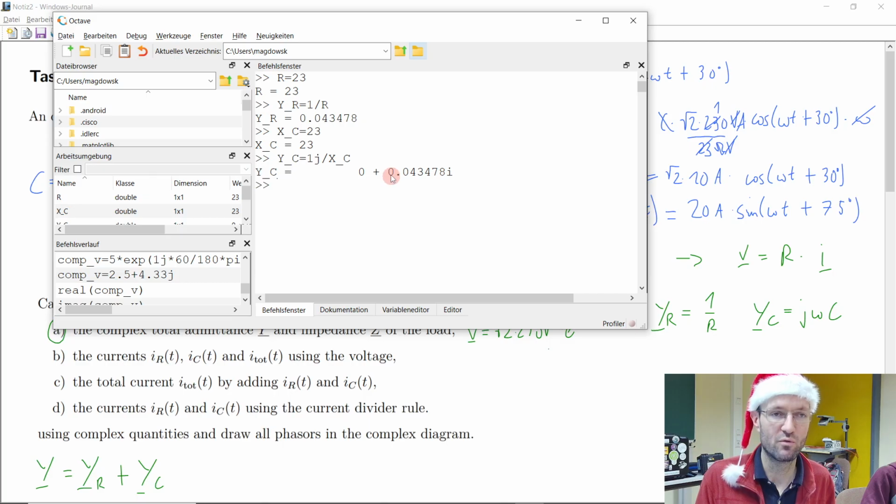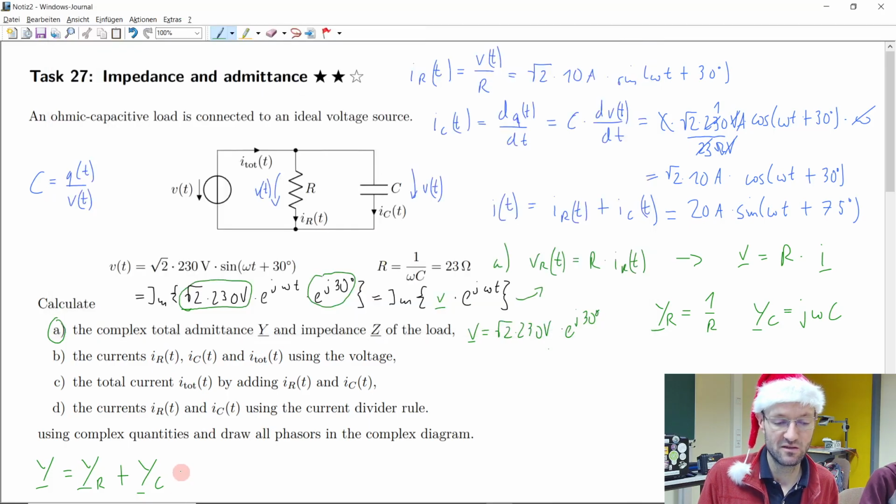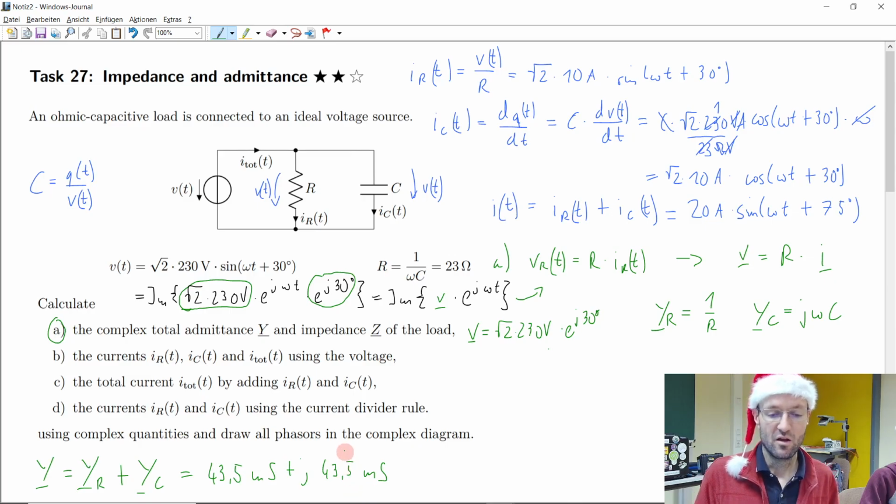Yeah, 1 over ohm, and this is Siemens. Okay, so it's 43.5, let's say, millisiemens. So we can say this is 43.5 millisiemens plus j 43.5 millisiemens.